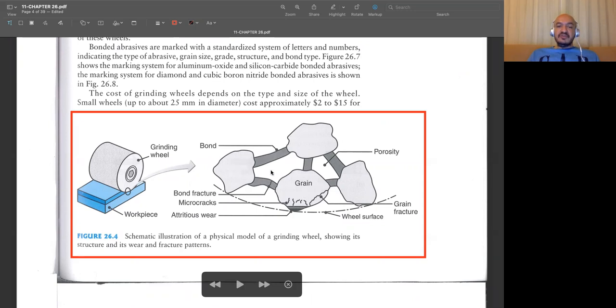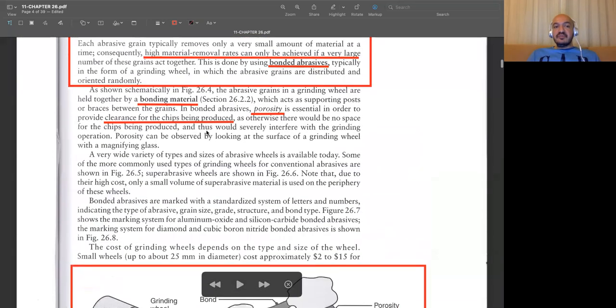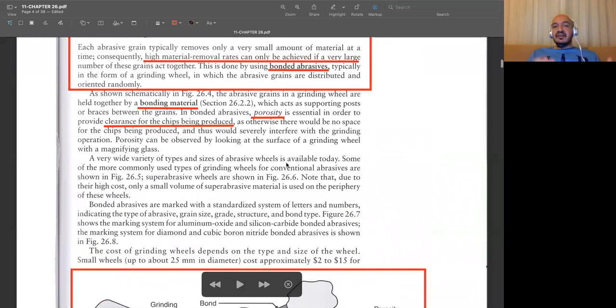For that purpose, we may use simple belts or papers, but it's better to go with some type of wheel. As you see here, there are probably millions of such abrasive particles on it, and they are bonded together with special bonding materials. Depending on the type of abrasive you are using, they may change, but most of the time they use resin type of material.